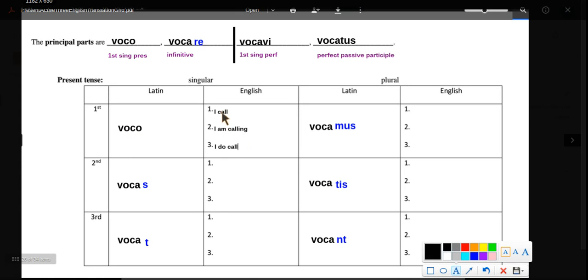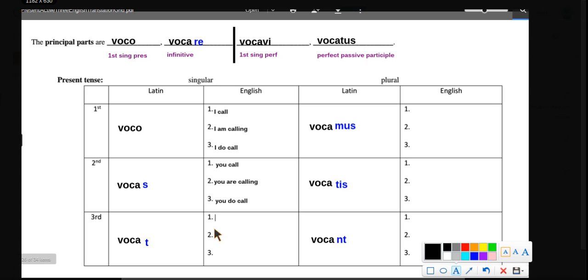As I mentioned, your most common would be I call. And when we come down to vocas, remember that S ending is the pronoun you, essentially, in English. So we have you call, or you are calling, or you do call. So once you have the pattern down, you simply follow that pattern, just like with nouns.